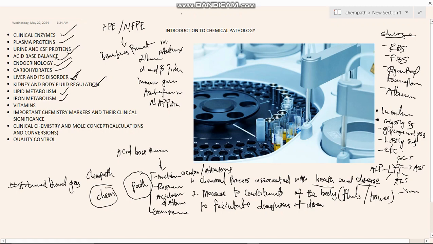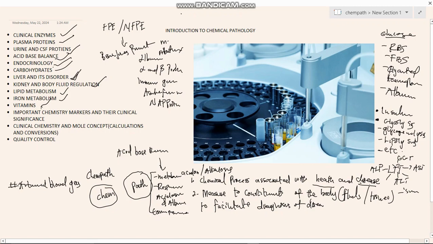Then we'll talk about vitamins as well. Then here we'll talk about important chemistry markers and their clinical significance. So here we'll group all the tests. So we'll talk about the lipid profile test, we'll talk about the kidney function test, we'll talk about all the sugar tests like glycated hemoglobin, glycated albumin, random blood sugar, fasting blood sugar, oral glucose tolerance test.